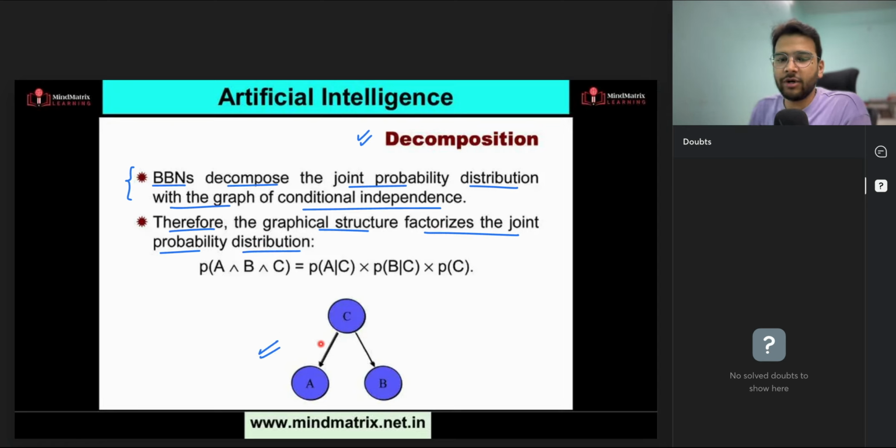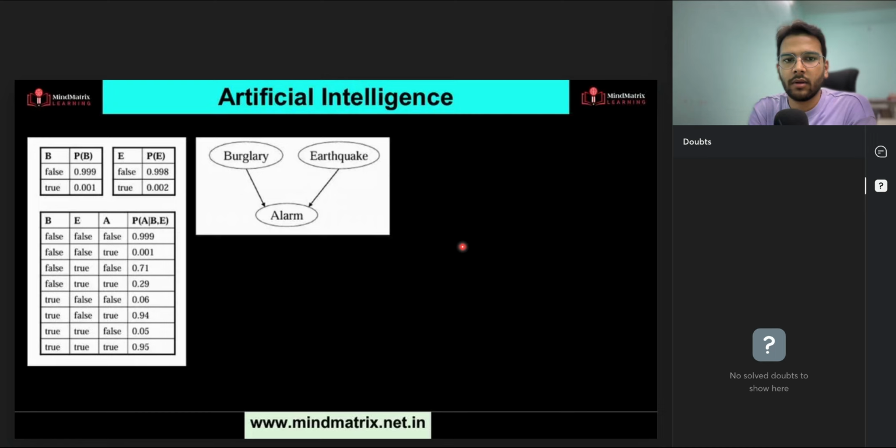So if this is the Bayesian network given to you, then probability of A intersection B intersection C will be nothing but probability of C multiplied by probability of A given C multiplied by probability of B given C, because A and B are conditionally dependent on C. Is this clear? Any doubt, anyone? So this is the decomposition that we do.